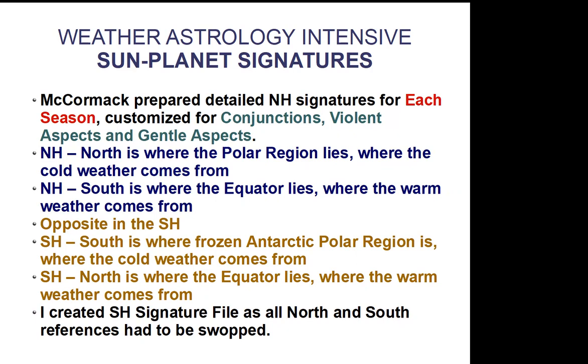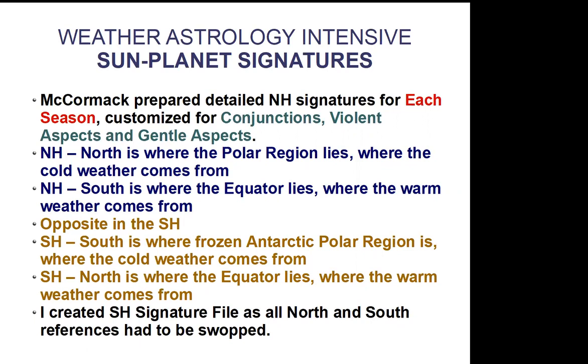But every time he said coming from the south, I changed it to north. So the north and south references had to be flipped. So the Northern Hemisphere combination signatures are from McCormack. The southern ones are the ones that I've flipped. And hopefully I haven't missed anything.